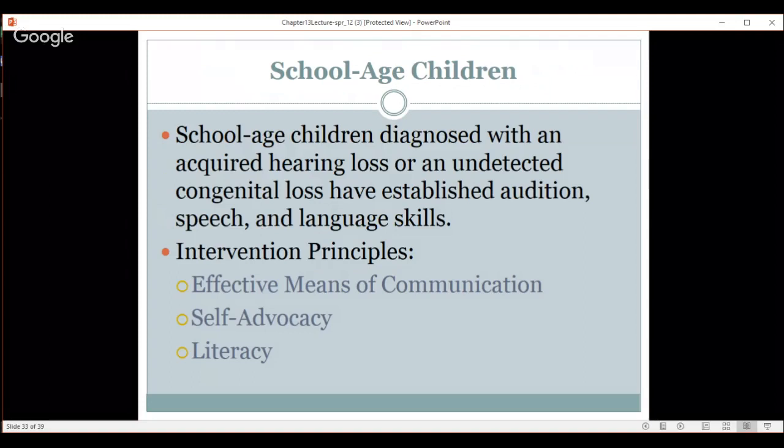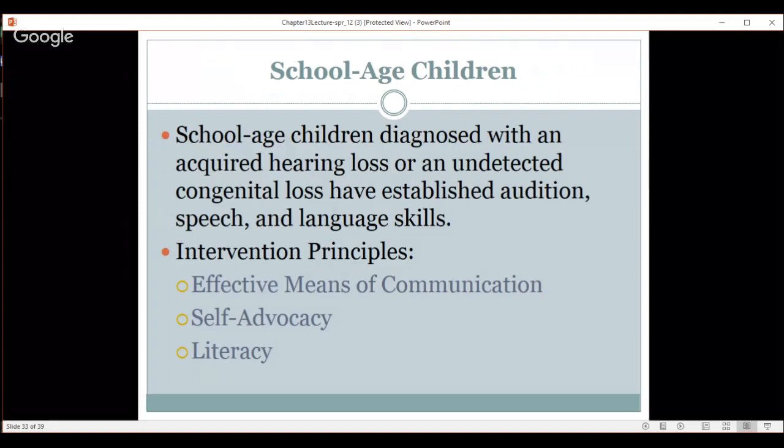Then self-advocacy. Children with hearing loss often have special needs in respect to their communication, particularly outside the home. They may need to request clarity or assistance in class. They may need instructions repeated or written down. They may need an interpreter to help them with schoolwork.